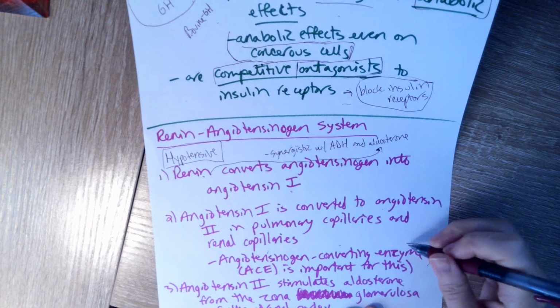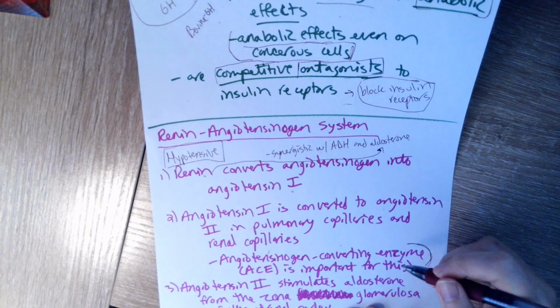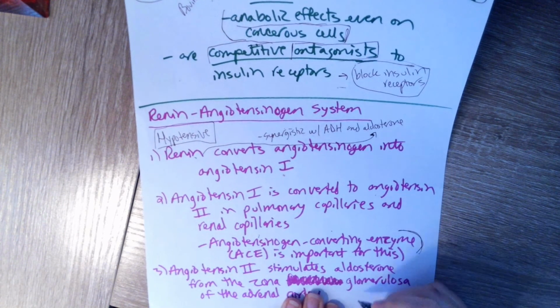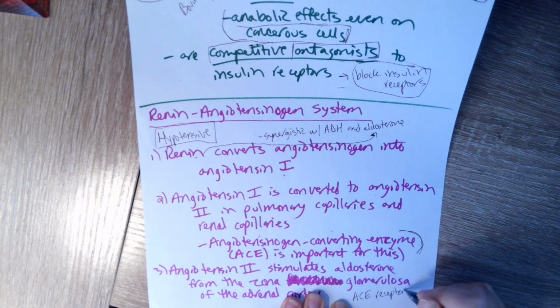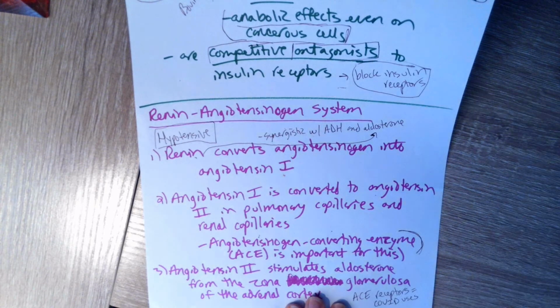This is actually quite interesting, because ACE receptors in the lungs are what coronavirus uses to get into your cells in your lungs.